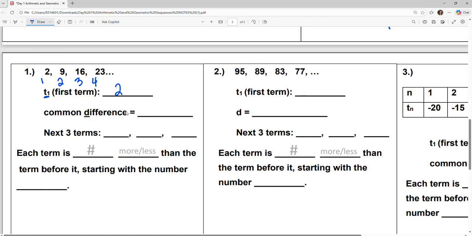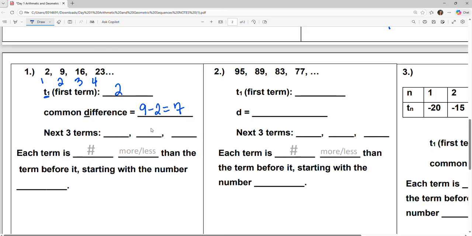Now, in order to find the common difference, you're going to look at the second term, which is 9, and we're going to subtract the first term from that. 9 take away 2 is going to give us 7. So if I look at 9 and add 7 to 9, that's going to give me 16. If I add 7 to 16, that's going to give me 23.